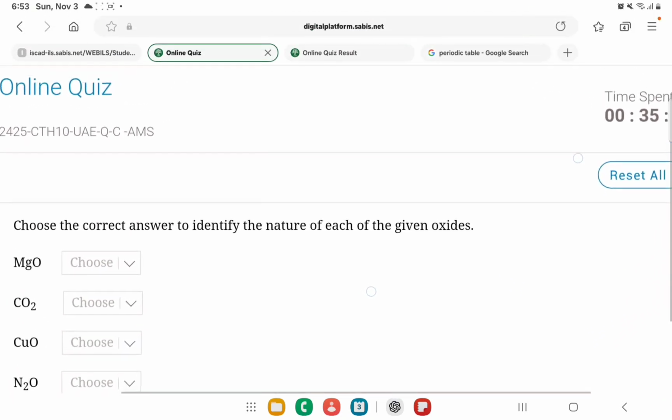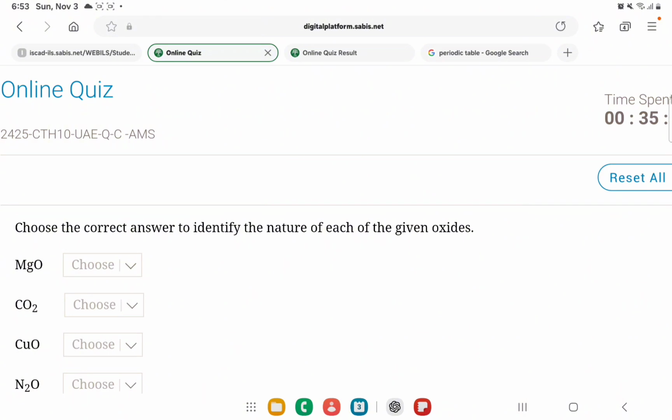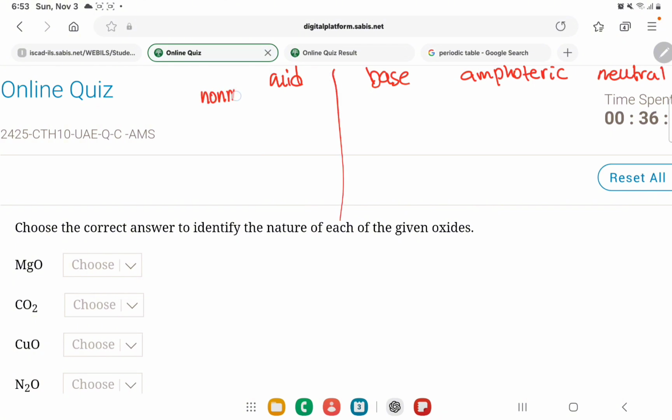Identify, okay. So remember from last week we had acid, base, amphoteric, and neutral. So acid is non-metal and oxide and oxygen or whatever, and base would be metal oxide.